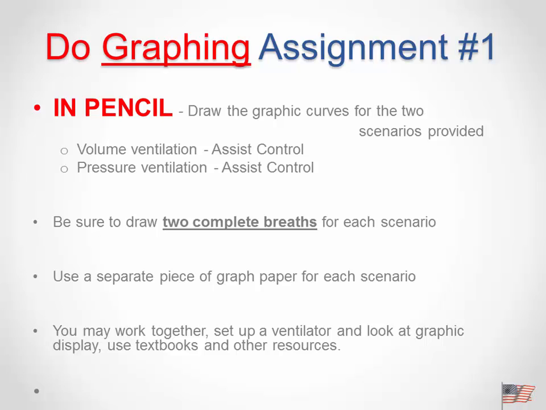Do case 1 on one side and case 2 on the other. One's a volume-based breath, one's a pressure-based breath. What will the pressure, flow, and volume tracings look like?